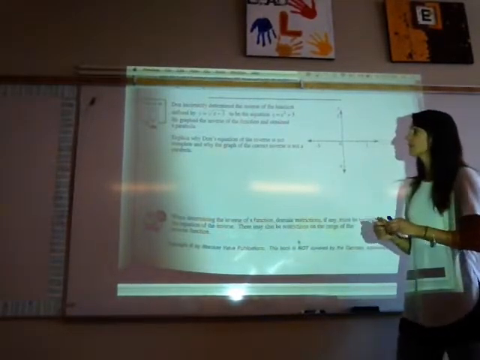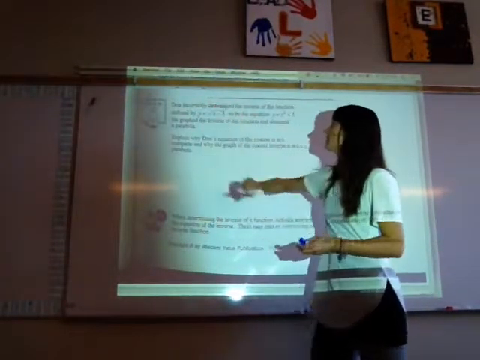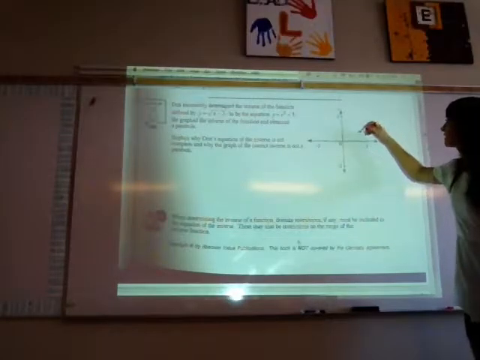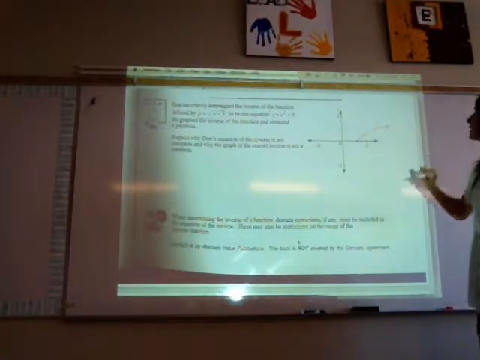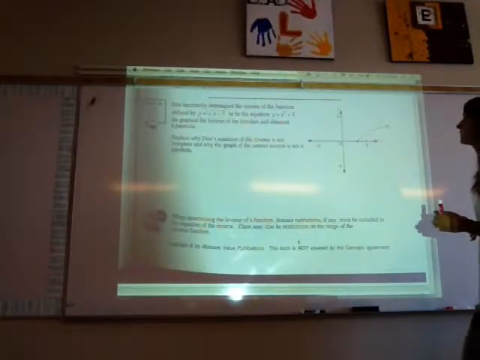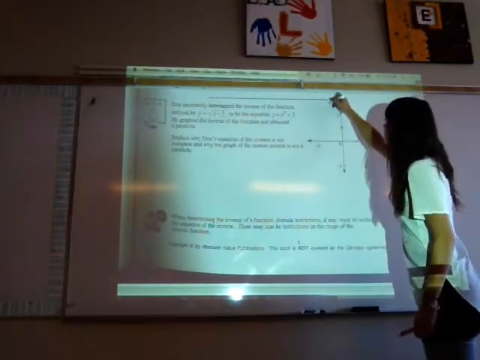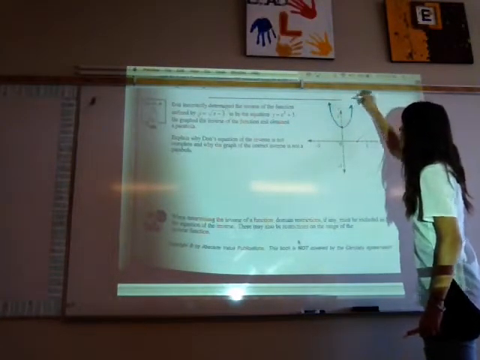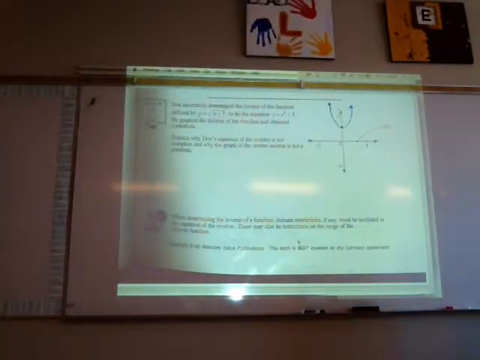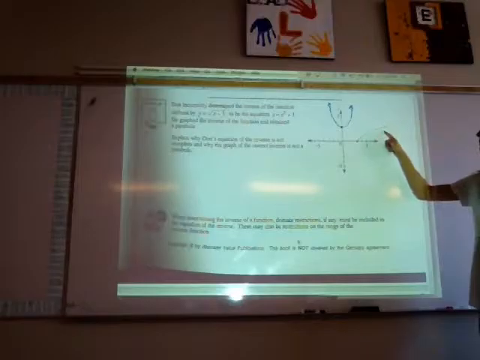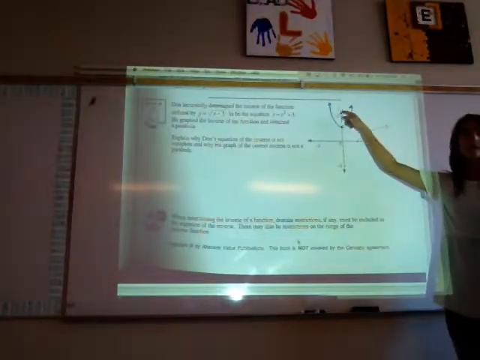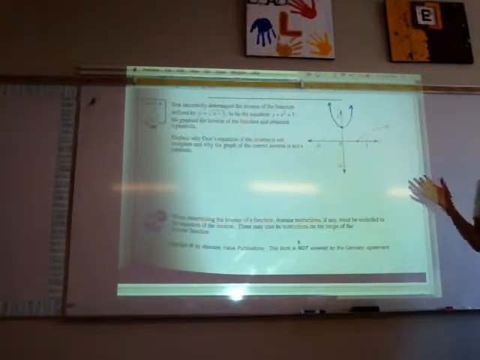Okay, well, if we take a look at this graph, it's going to be like this. If I take a look at the parabola, it will look like this. How is this the inverse of this when there's only one piece to that, but there's two on here in the parabola? What did Don mess up?